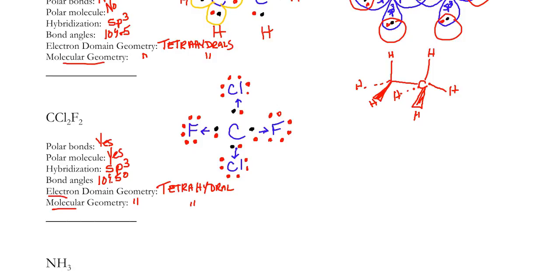Let me help you. Let's go to the 3-dimensional drawings here. Here's carbon. Let's put chlorine and the fluorine on the same plane. Let's have chlorine come at you, stick out. Okay, that's what this means. And then have fluorine come behind.